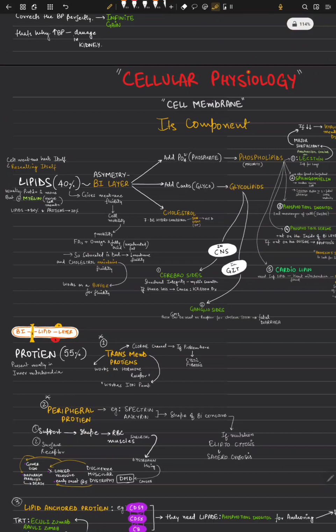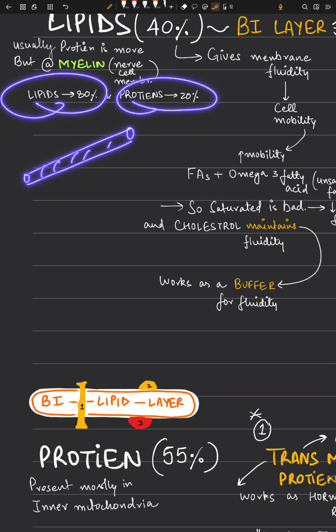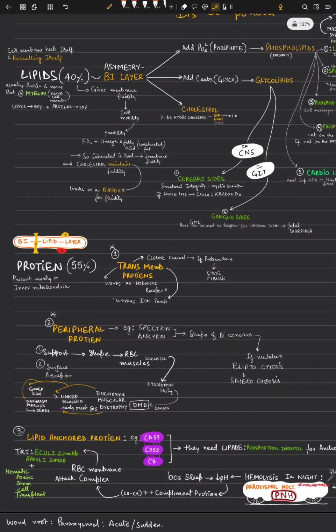So the myelin sheath of nerve fibers is actually made up of lipid, not protein. And by the way, if you damage your bilayer, the cell membrane heals and reseals itself. Lipids heal themselves.